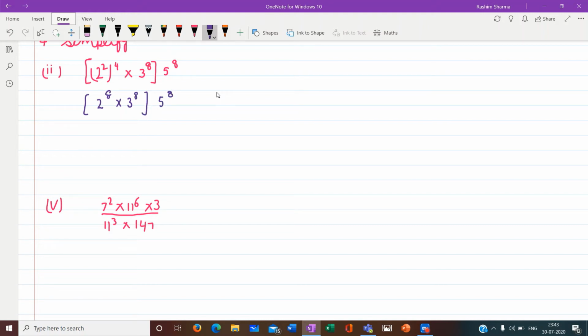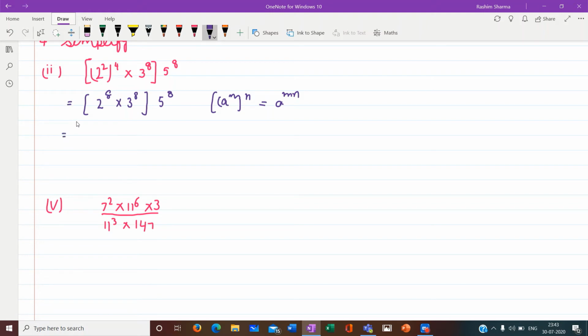So here we have used the law a raised to power m and power n, so it is a raised to power mn. So children, you must be watching that everywhere I am mentioning which law I am using.